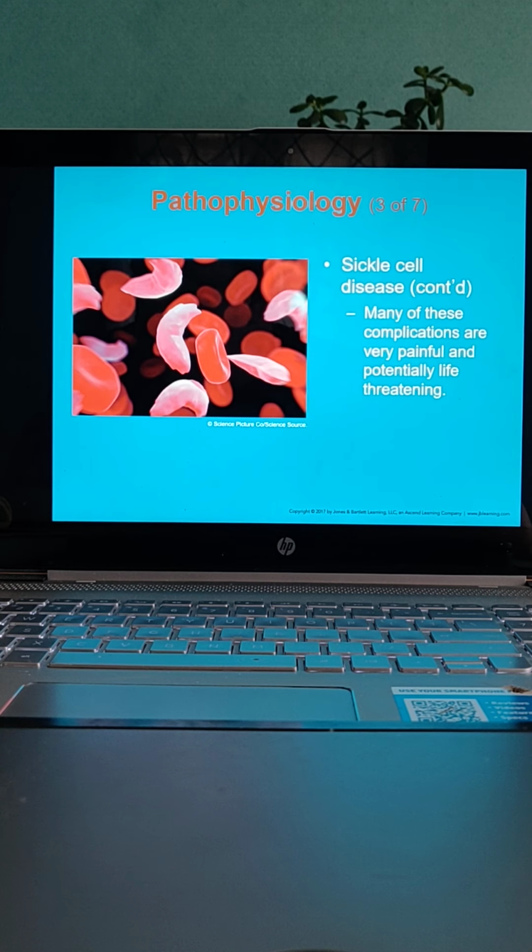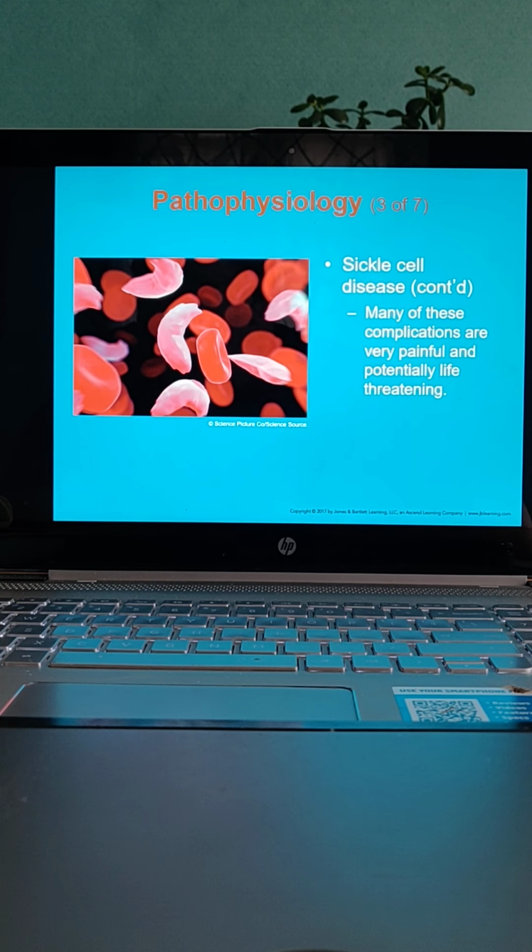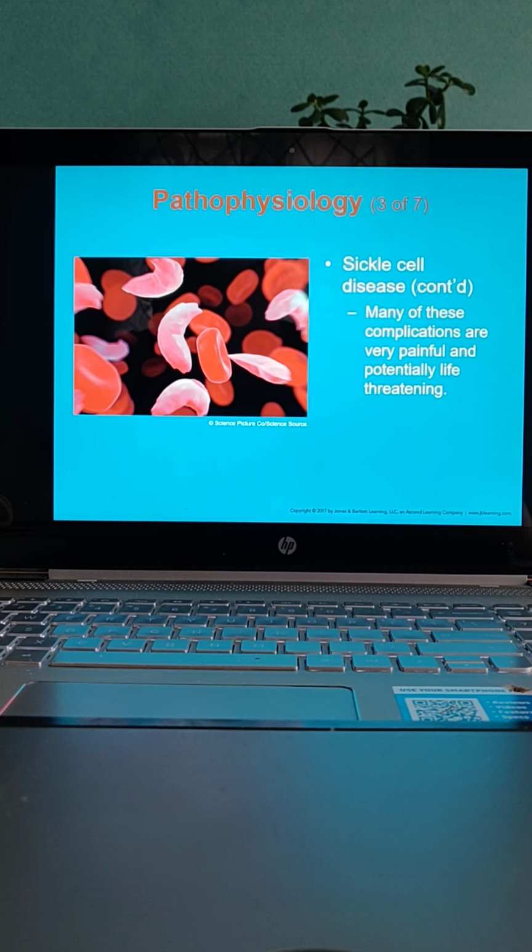The bad thing about sickle cell is that the shape of it hinders the oxygen binding to the red blood cells. And it also increases the possibility of forming clots because it thickens the blood.